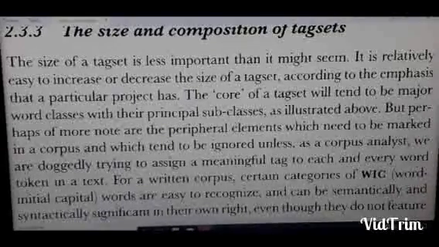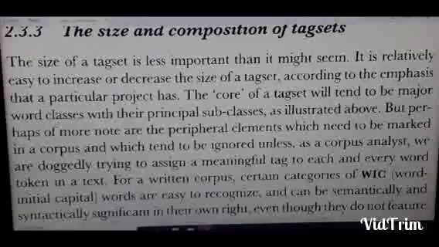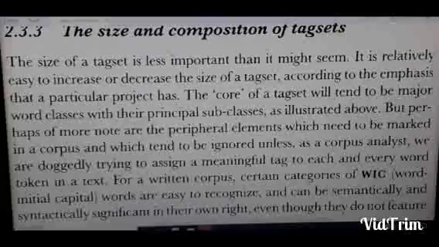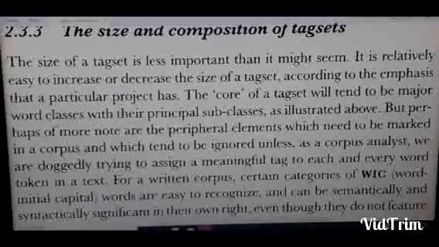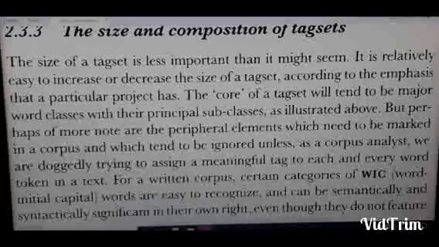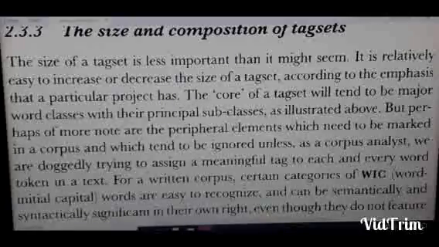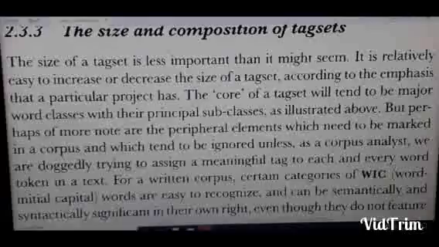The core of the tag set will tend to be major word classes with their principal subclasses as illustrated above. But perhaps of more note are the peripheral elements which need to be marked in a corpus and which tend to be ignored unless a corpus analyst is doggedly trying to assign a meaningful tag to each and every word token in a text.